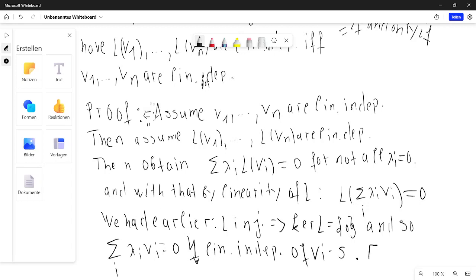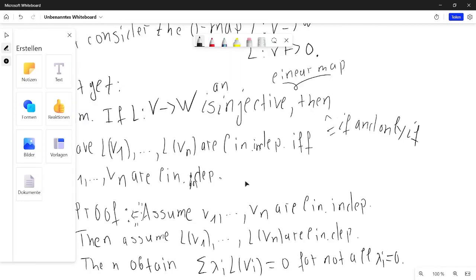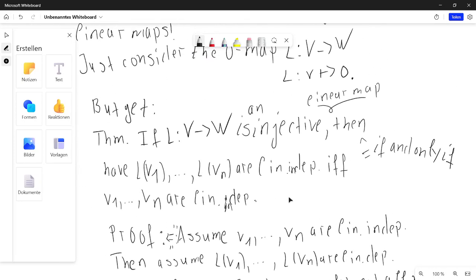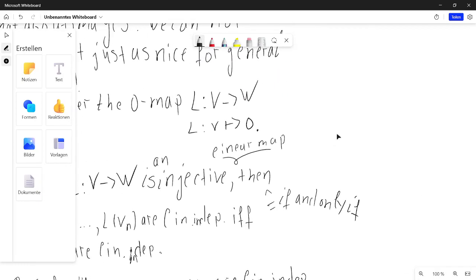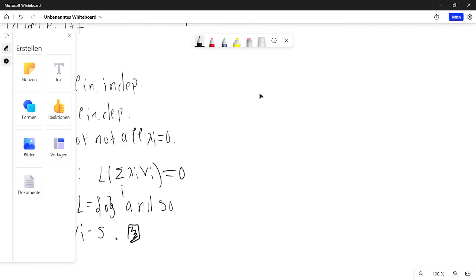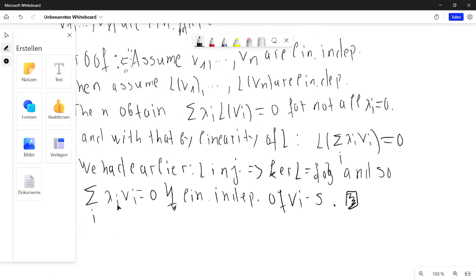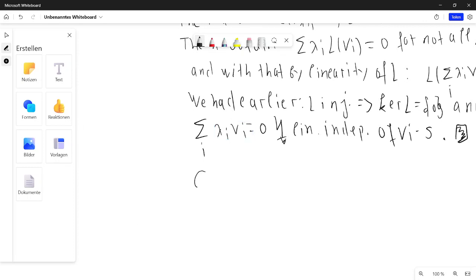So, indeed, we have this nice possibility to translate linear independence. We have an injective map to the images, and when we have any linear map and we have preimages of vectors, we can translate linear independence to preimages, and that is nice, right? In particular, corollary for a bijective linear map.